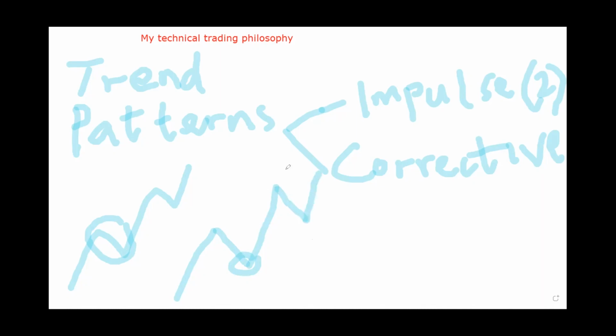So that means if I'm going to trade these impulses, I have to study how these corrections are going to end. And these corrections, more often than not, 80-90% of the time, end in certain ways, with certain patterns that are recognizable, repetitive and tradable, such that once I see the end of these corrective patterns, I know what next I'm going to do.